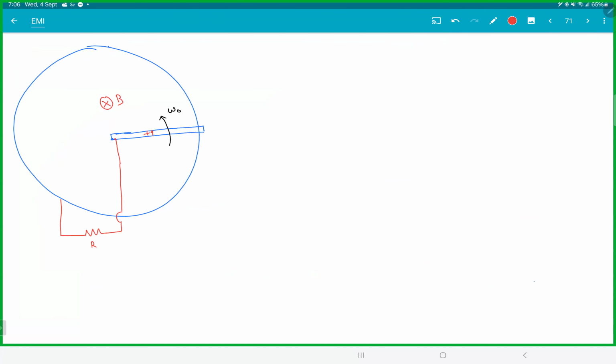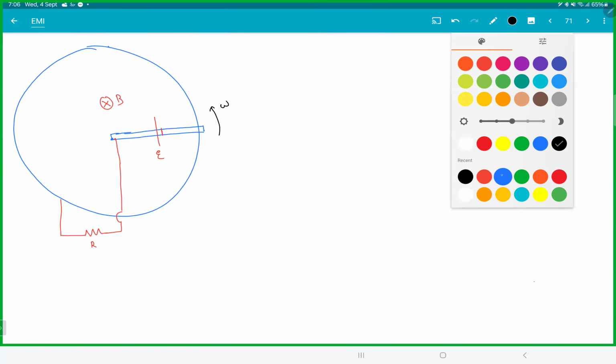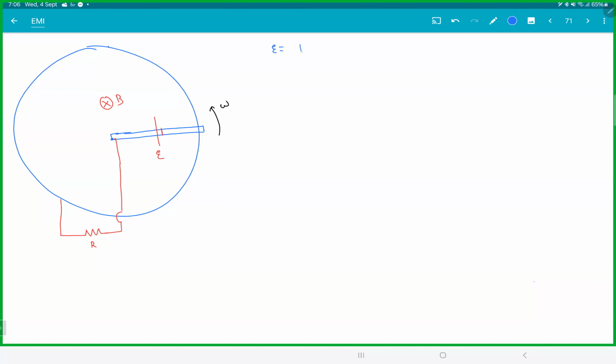Put a positive charge, velocity v, qv cross B, so the force is to the left. So this is acting like a battery of EMF E, and at any instant let the angular velocity be omega. So we get EMF equal to B omega L square by 2. So current in the rod will be E by R.